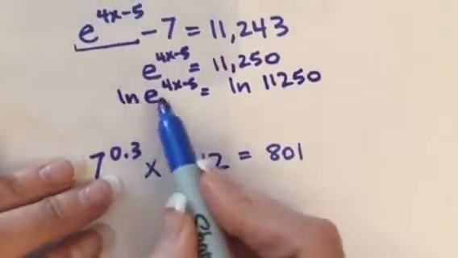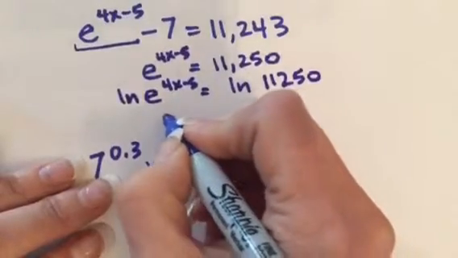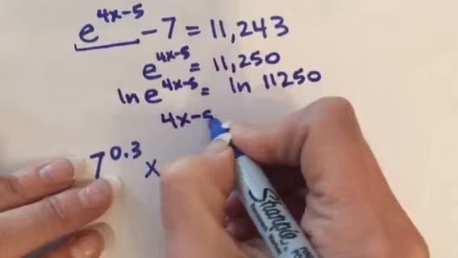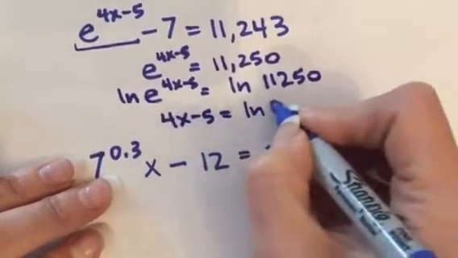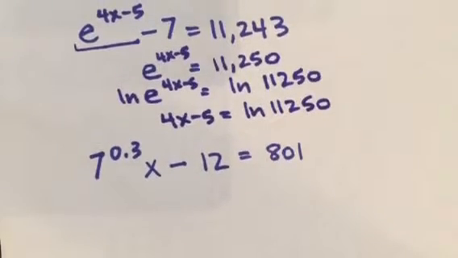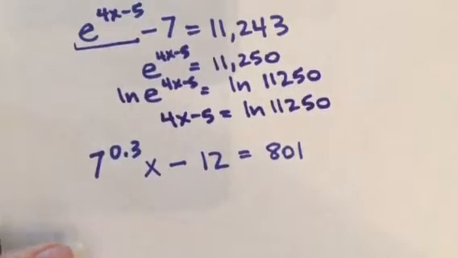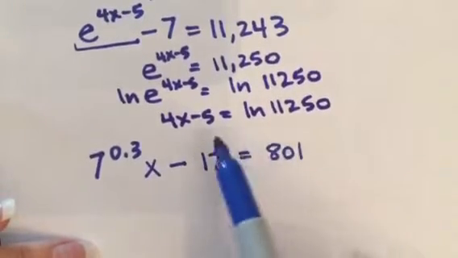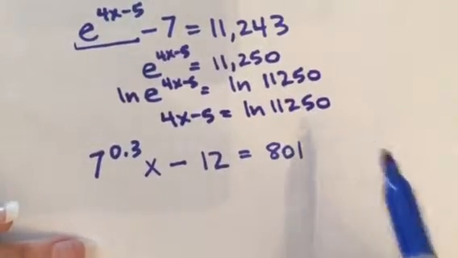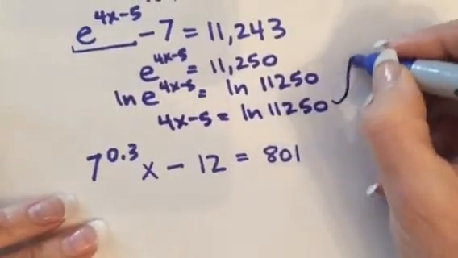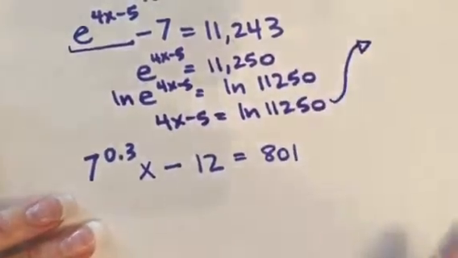All right, so these things cancel, and I am left with 4x minus 5 is equal to this ln of 11,250. All right, so we can add the 5 to both sides, and we can divide by 4. And I'm so sorry I did not leave enough room, so we're just going to move up here.